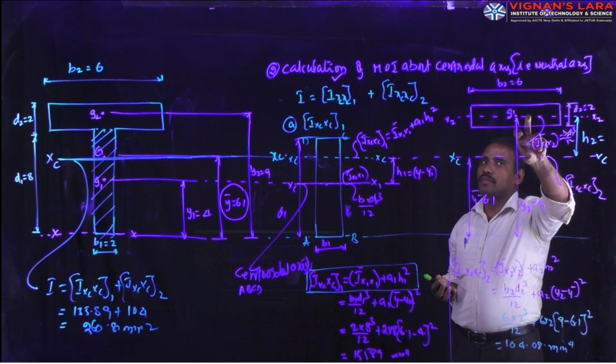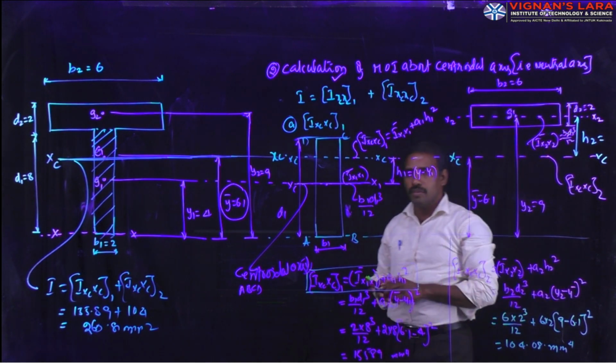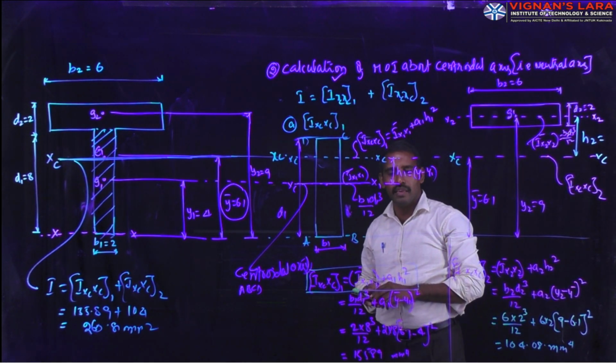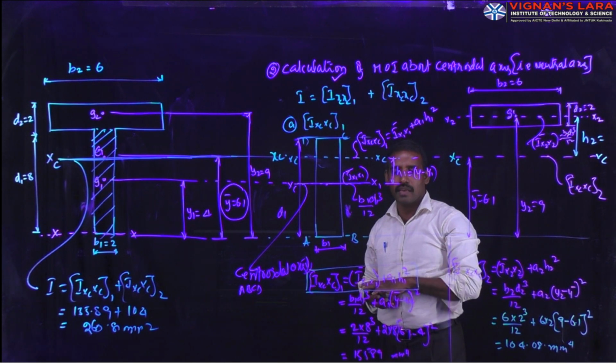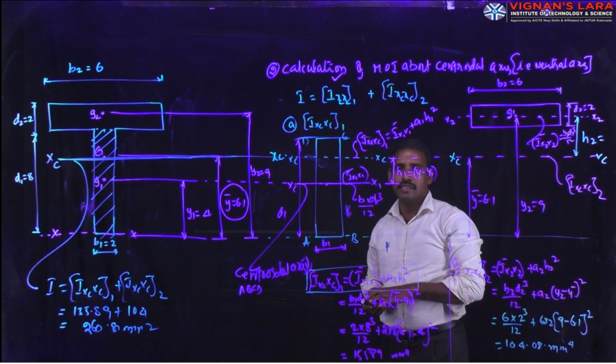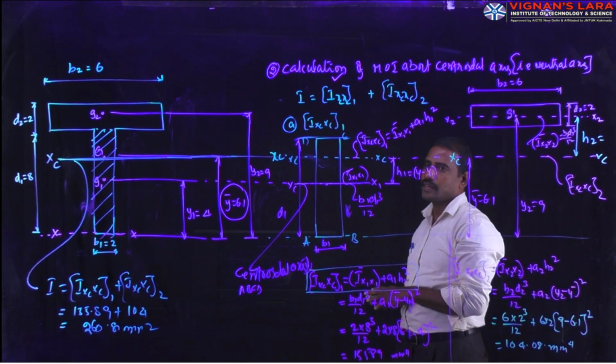Both are parallel to each other. You have to check whether one of its axes is passing through the centroid and that both are parallel. Here those conditions are satisfied.